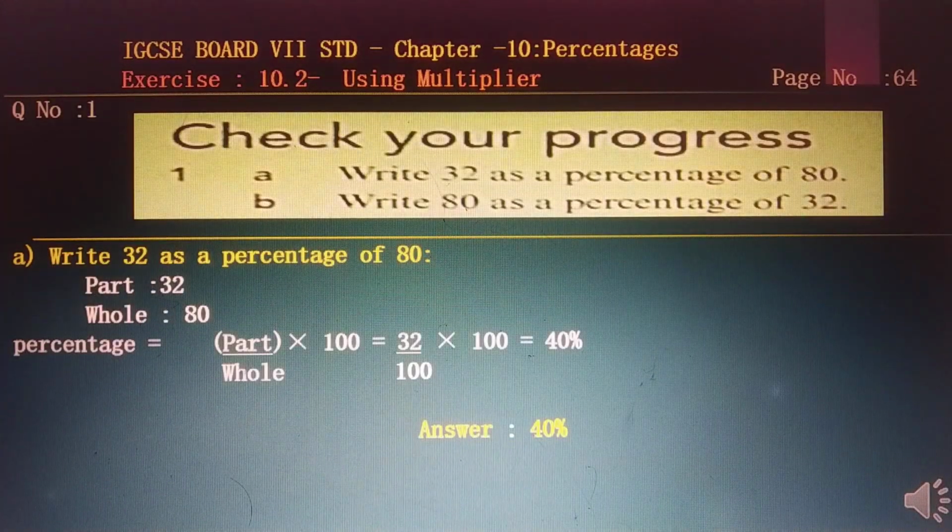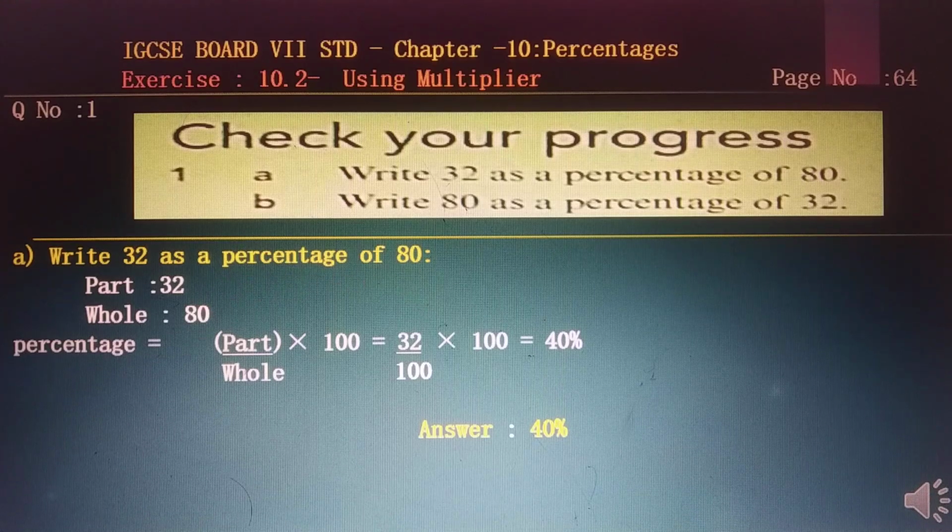And finally, check your progress. The question is: write 32 as a percentage of 80, and B: write 80 as a percentage of 32. In question A, the part is 32 and the whole is 80.